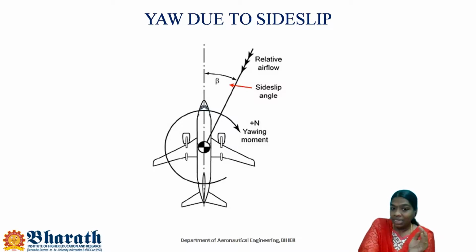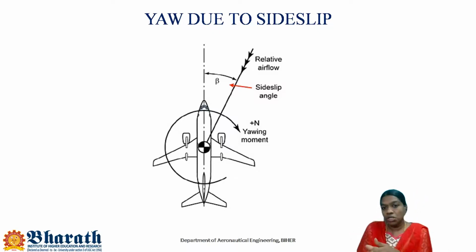When it deflects towards the right, there will be a side force generated towards the left. That side force creates a yawing moment in the counterclockwise direction, that is, a positive N yawing moment. If it is a directionally stable aircraft, then the aircraft will come back to its original position. That is, it will move in the flight path direction.